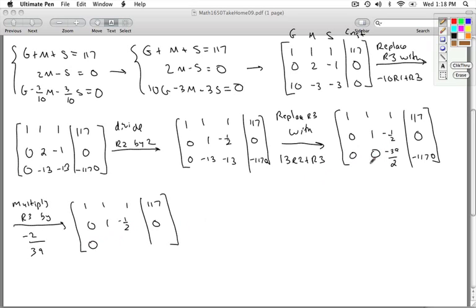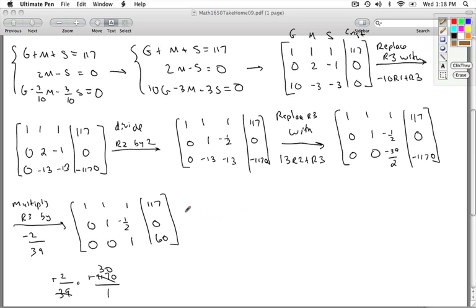Negative 39 over 2 times negative 2 over 39 is 1. Negative 2 over 39 times negative 11770. Well, believe it or not, 39 goes into 1170 evenly. It goes in 30 times, which makes this a 60.